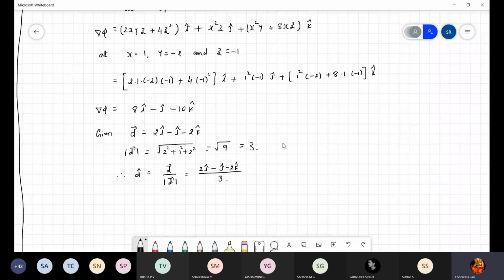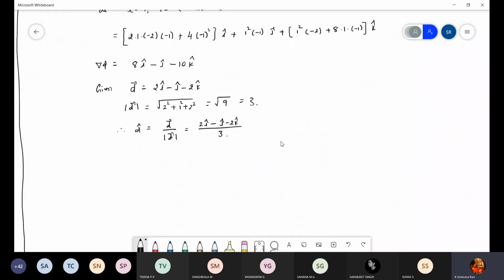Now coming to the directional derivative. Directional derivative equals grad phi dot d cap, where grad phi is 8i minus j minus 10k, dot d cap, which is 2i minus j minus 2k by 3.